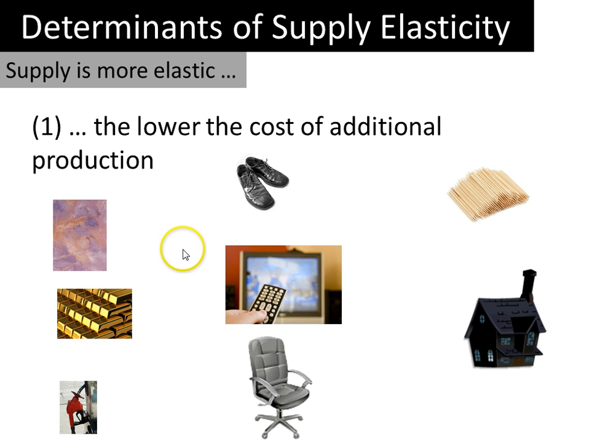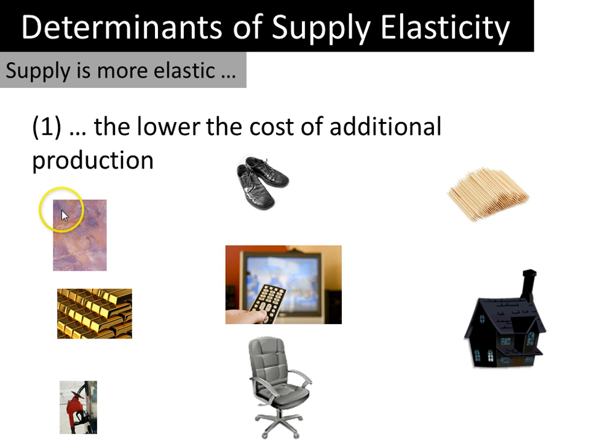I'm sure you can spot several differences, but the relevant one here is that it is very hard and therefore expensive to increase the supply of the goods in the first set, while it is relatively easy and therefore not that expensive to increase the supply of the second set of goods.